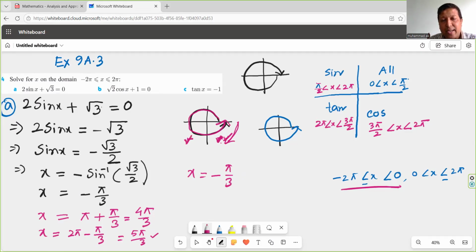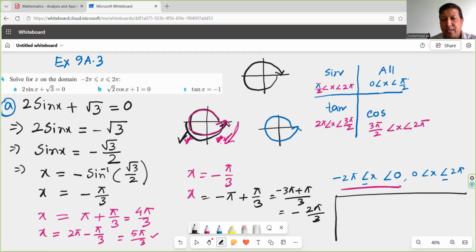And if you want the result here, from here to here, this is minus pi. With minus pi, if we add pi by 3, it comes over there. So it will be minus 3 pi plus pi by 3. So the result will be minus 2 pi by 3.